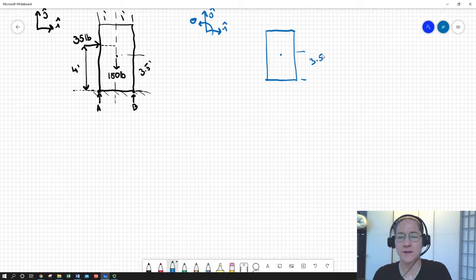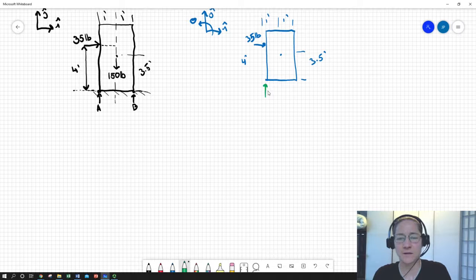We'll remind ourselves that that's 3.5 feet. This is 1 foot, 1 foot. We've got 35 pounds, 4 feet, and I'm going to use a different color here to make it a little easier.